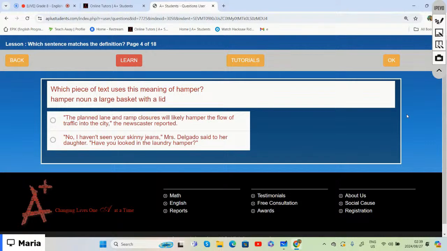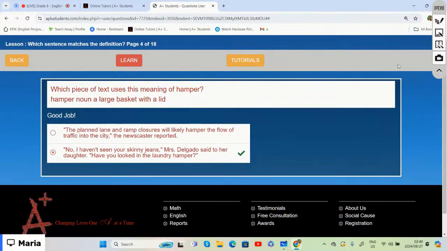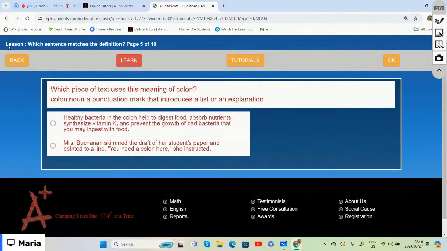All right. And if we were to choose the correct option, we'll go with option two, which is the laundry hamper. All right.